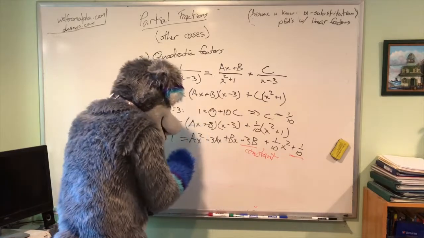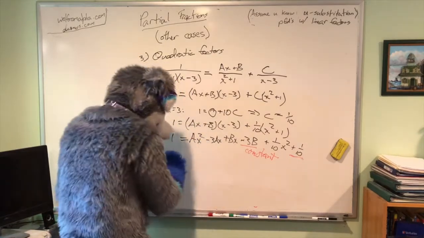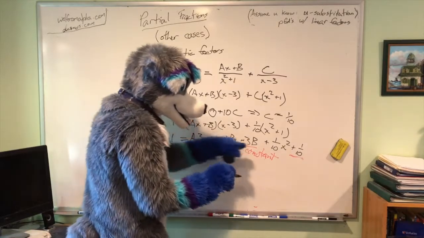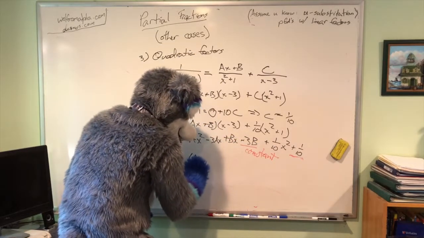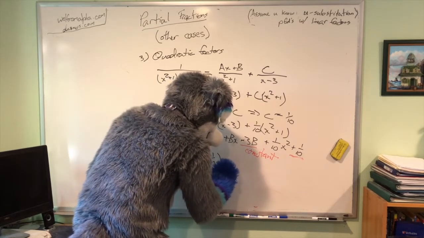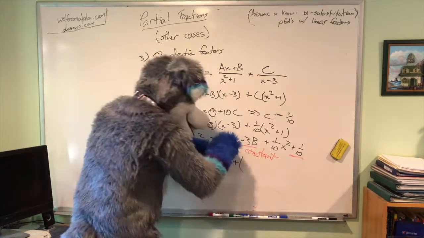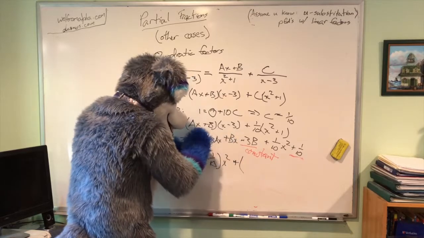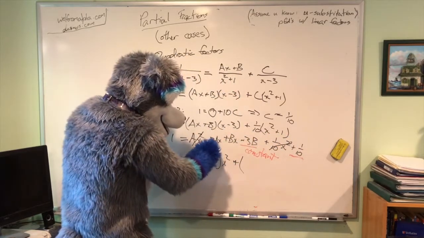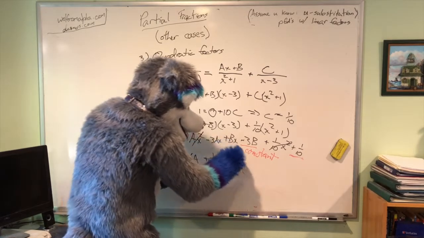So let me rewrite this and group all my squareds and things together, just to make things a little nicer looking. The squareds, a plus 1/10 times x squared. The x terms go together: I have a negative 3a and a b.